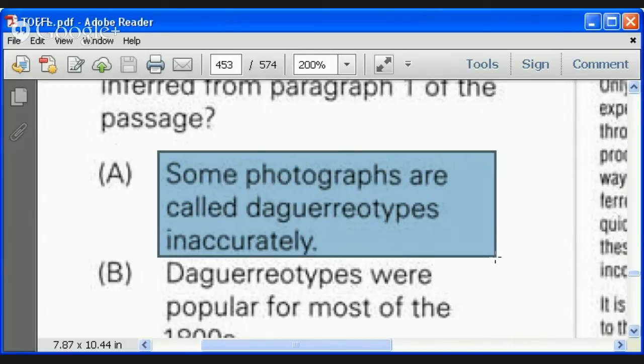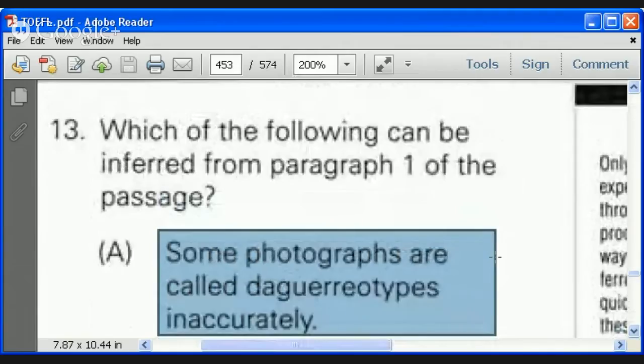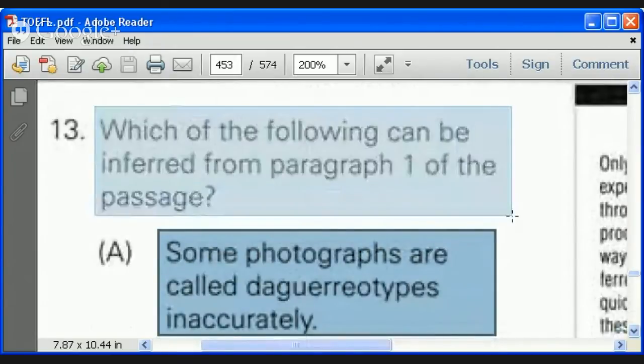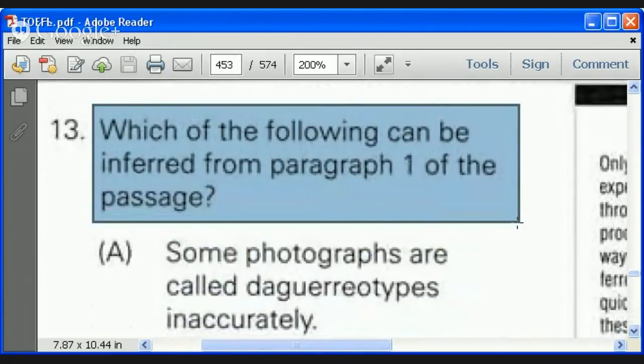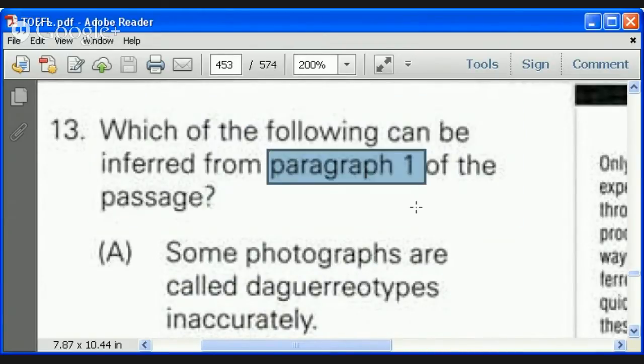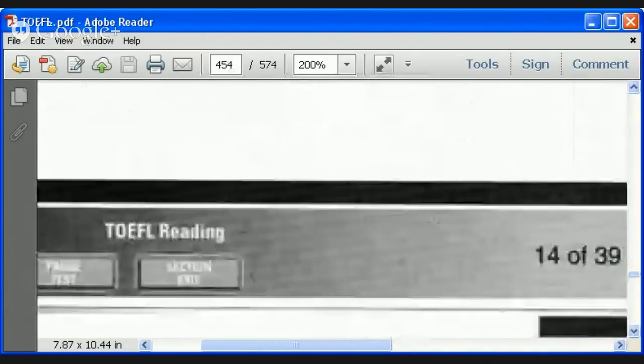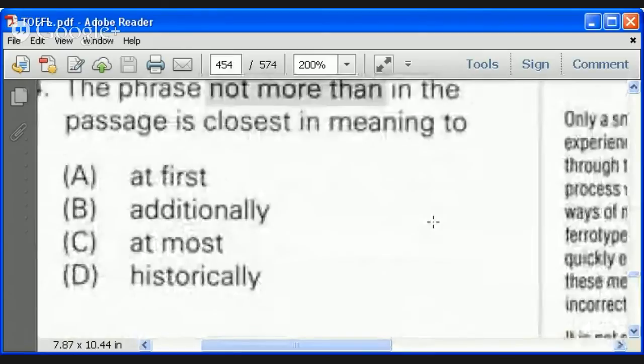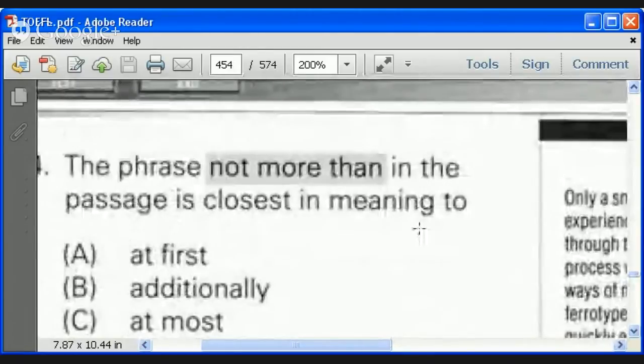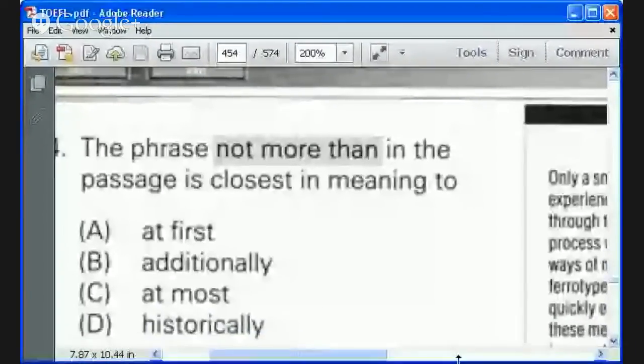All right? This is the lesson to be learned here. An inference is going to be very tightly, directly related to information which is in the paragraph you're looking at. All right. Well, there you go. I wanted to go through that carefully so you understood that it is not going to be a very broad assumption.